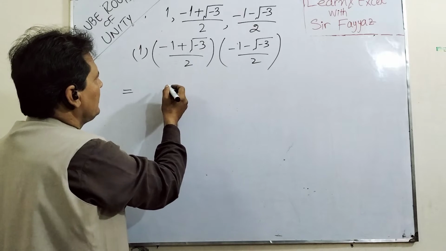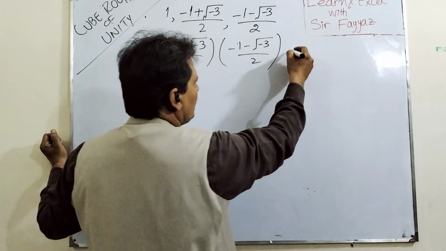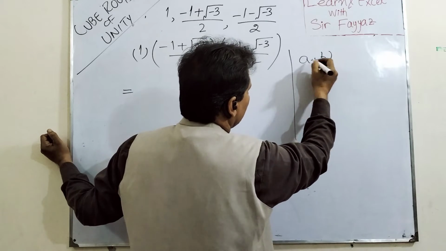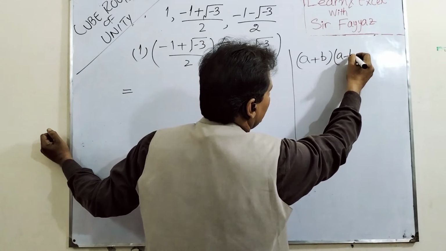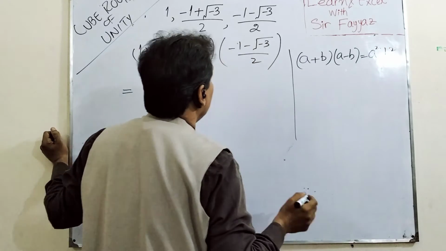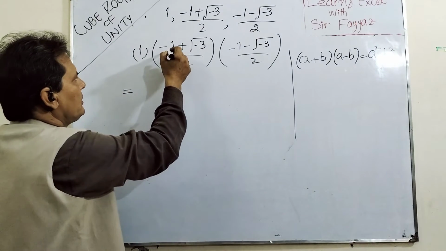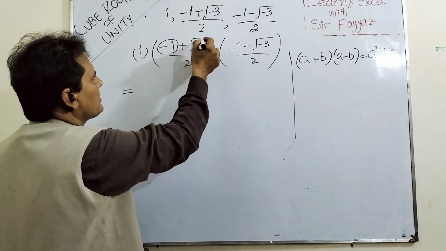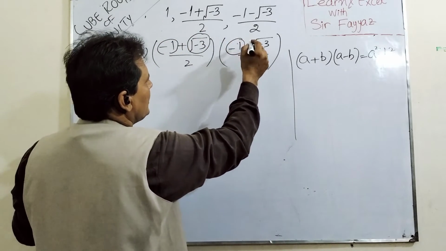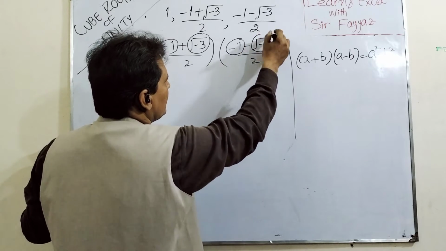This becomes a formula, as you know, that (a plus b) times (a minus b) equals a square minus b square. So if you see here, this is the first term plus this is the second term, a plus b. This is the first term minus this is the second term.